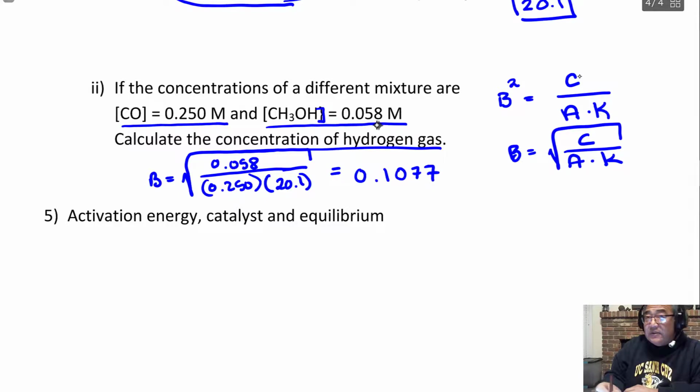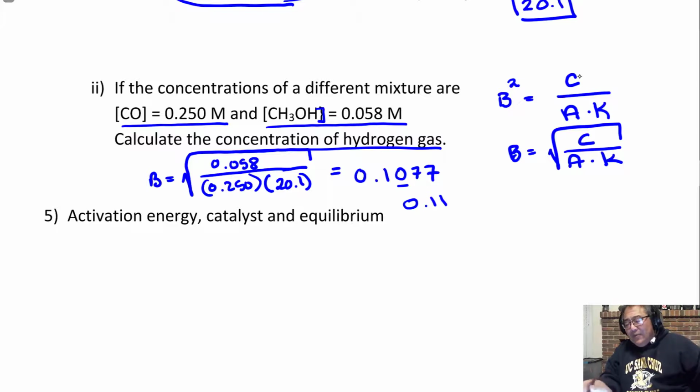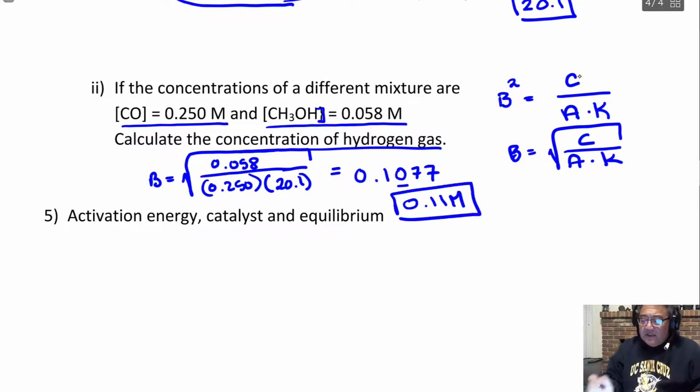And this only has two significant figures in it, so it's going to be 0.11. And because it was an equilibrium constant and all the other units were molarity, the concentration units pop back up here. So that's the concentration for B under those conditions.